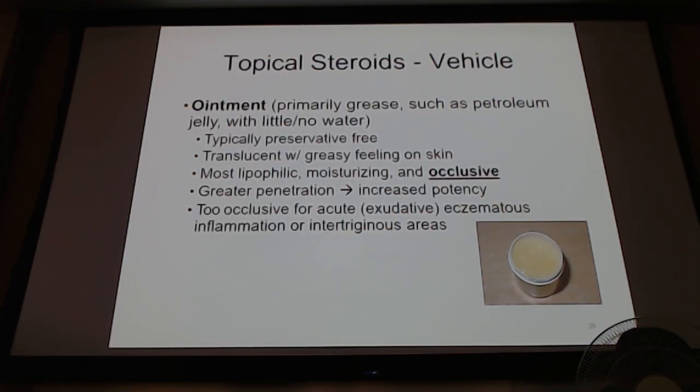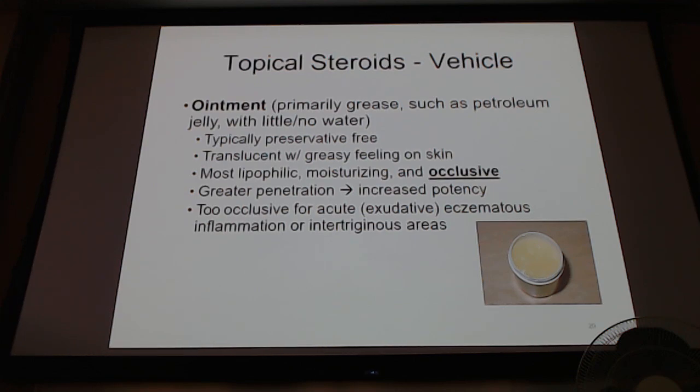So that's why if it is some type of ointment, then occlusive is a key component of it. Greater penetration and increased potency. So yes, I told y'all my psoriasis is not bueno, and so that's why I use ointment, just because of the fact that it is most effective with all of the itchiness.